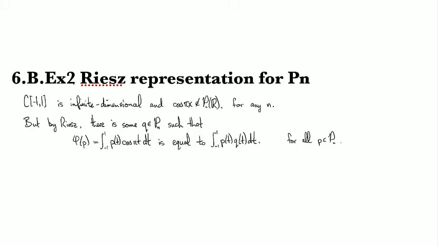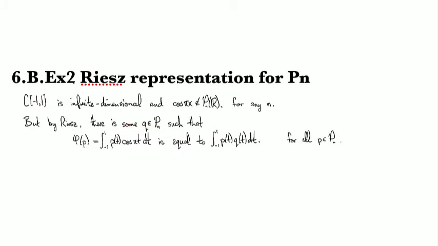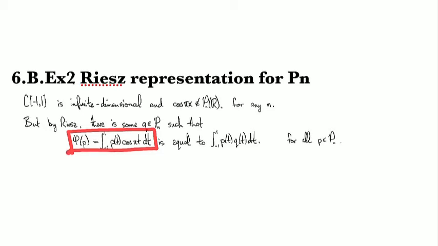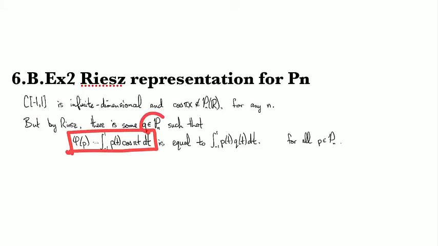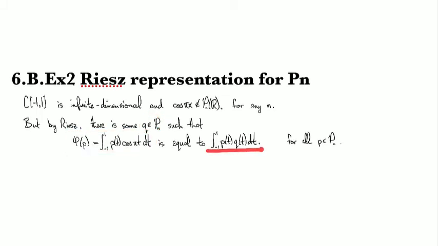Nonetheless, by the Riesz representation theorem, there's going to be some polynomial Pn such that if we use the cosine to define this linear functional, so this is a well-defined element of the dual of Pn, well, then by the Riesz representation theorem, that means that there's some actual element of the inner product space such that it's going to be equal to the inner product against that element.